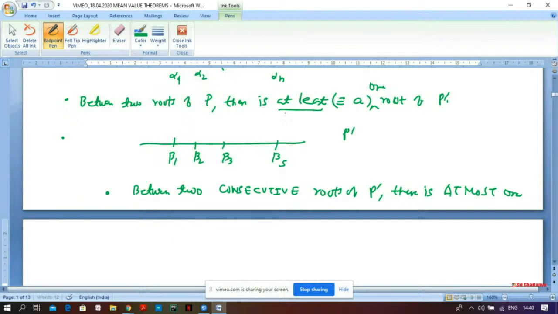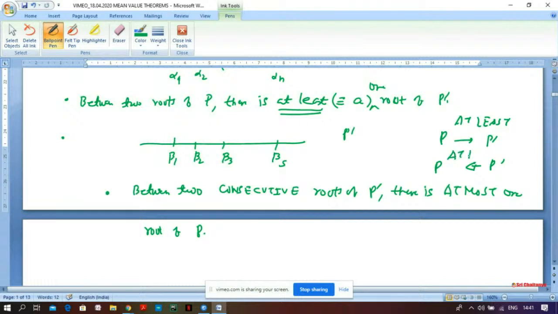Mind you, this was at least. At least changes to at most. From p to p prime, you got at least, so you expect that when you go from p prime to p, at most should come up. It does. So let me now put it formally. Formally it was that between two roots of p, there is at least one root of p prime.